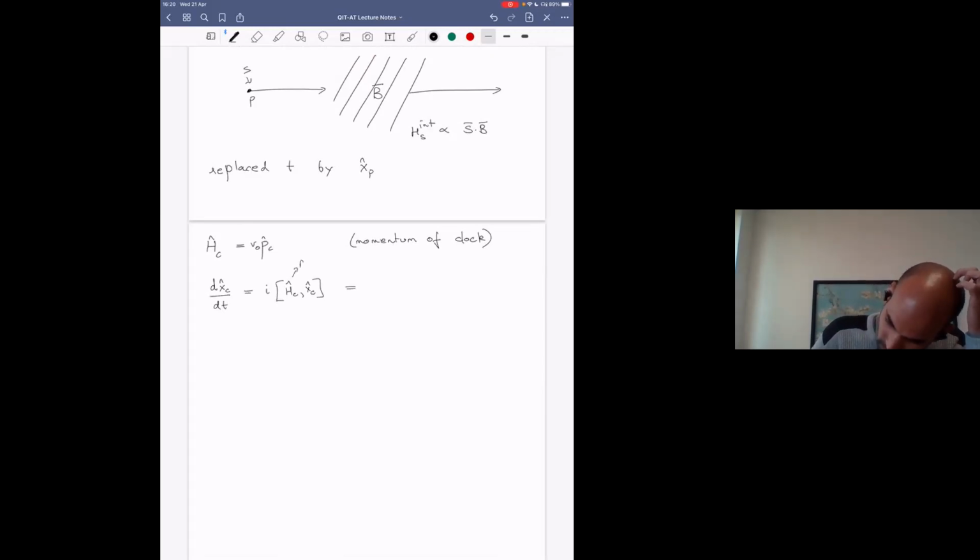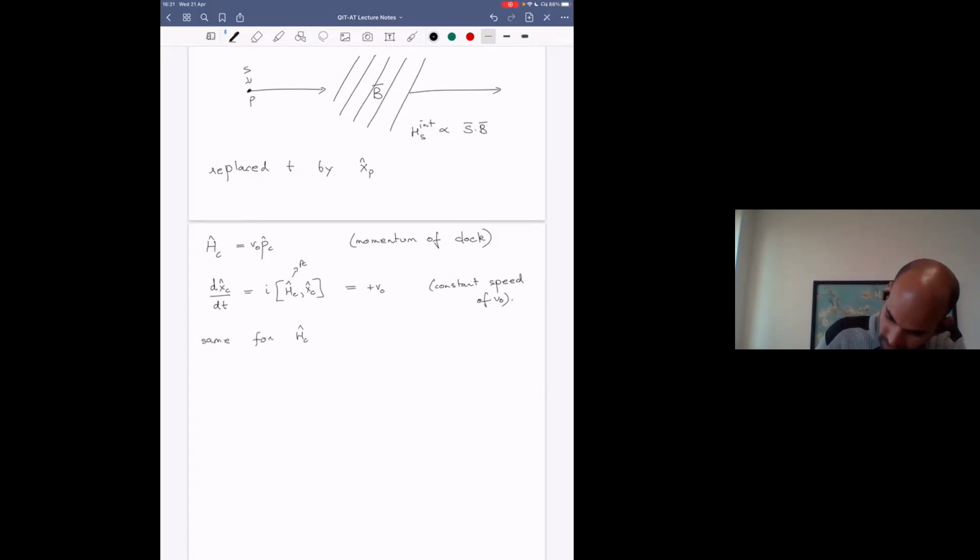Because this is just the momentum, we know that the commutator of momentum and position is minus i h bar. So this is going to give us in the end a plus V naught, a constant speed of V naught.